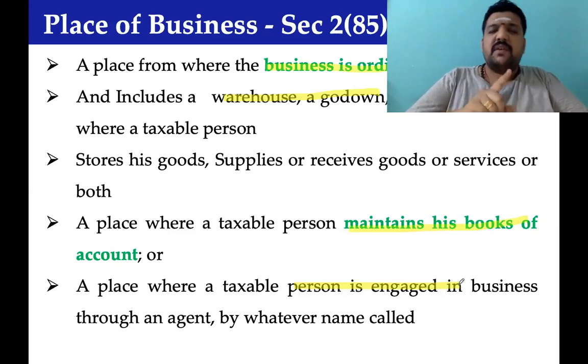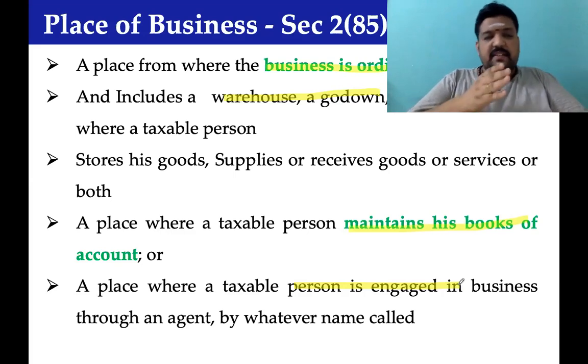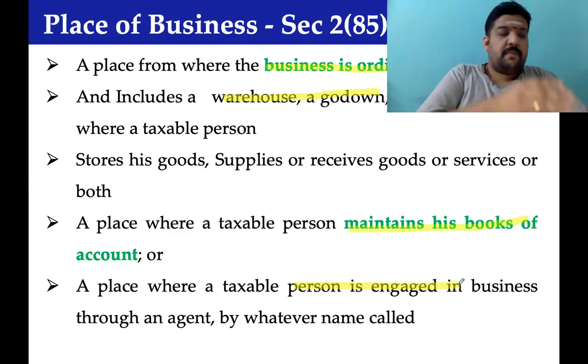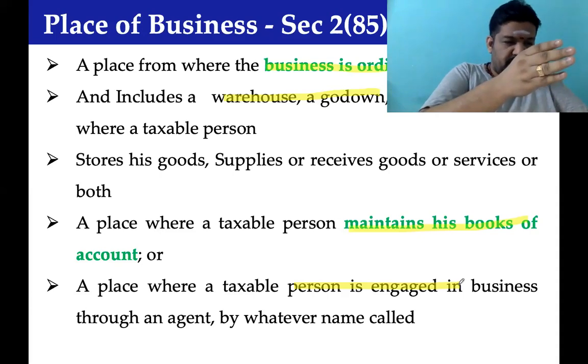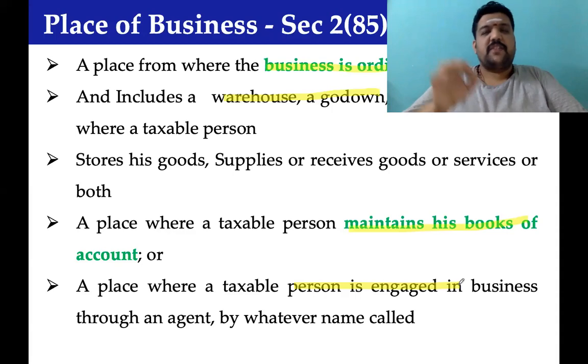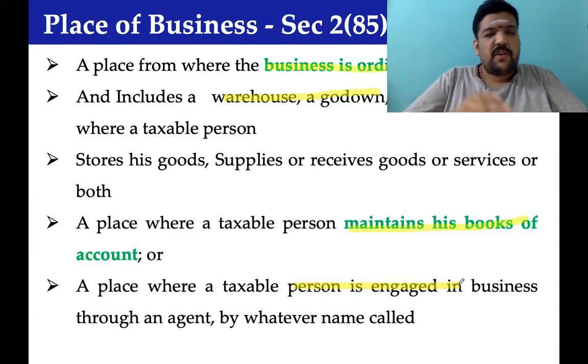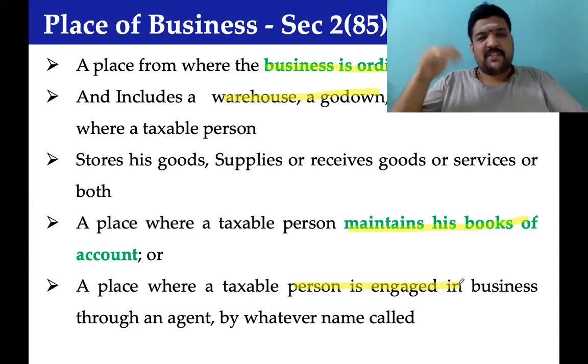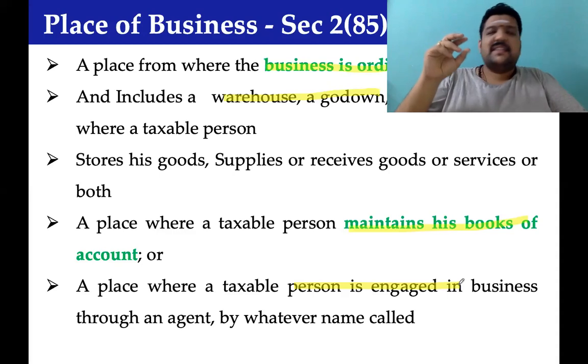Sir, why are these words important? From a service perspective, if I provide a service to godown 1, the place of business of godown 1 is going to be my place of supply. Of course, be it godown 1, godown 2 or godown 3, all 3 godowns are going to be in the same state. End of the day, place of supply will be only from a state perspective.